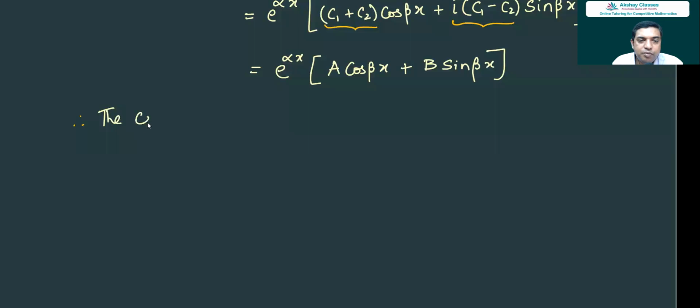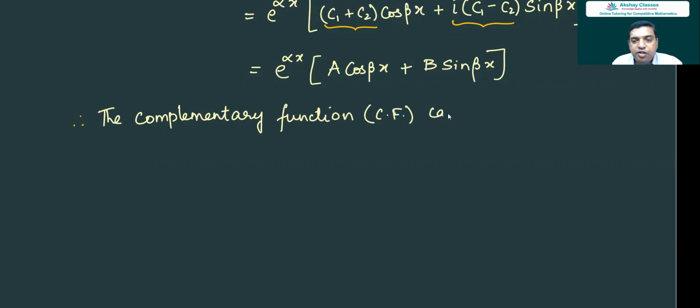Now, therefore, the complementary function can be written as y is equal to, the first one will be e power alpha x, the real part, times cos beta x.